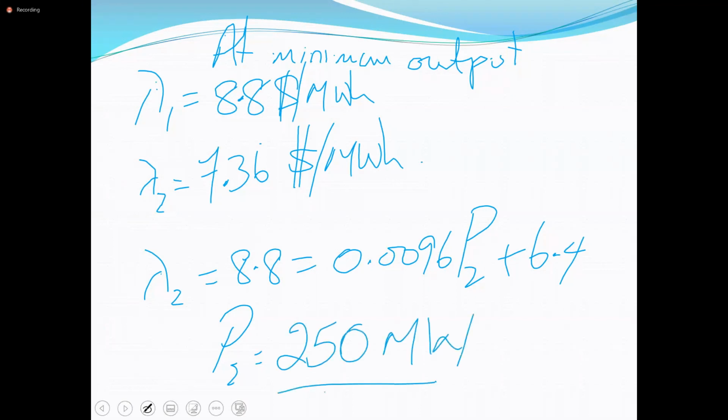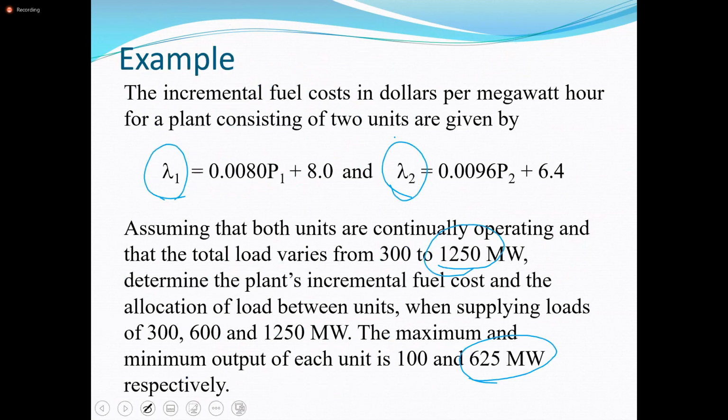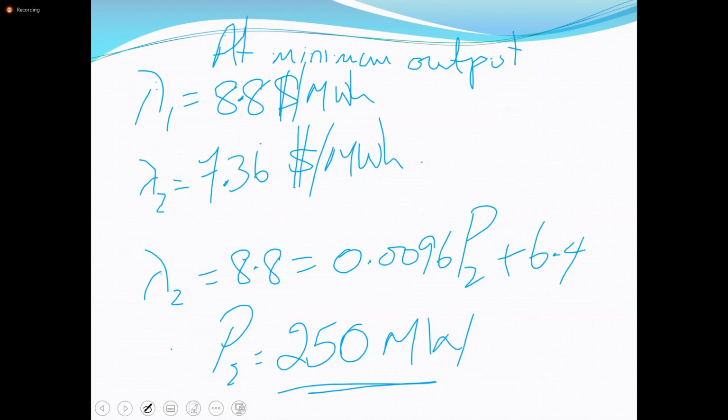250 megawatts. Yes, sir. Okay, thank you. Now, the question asked us to determine the plant's incremental fuel cost and the allocation of loads when we are supplying 300 megawatts. All right, so, Ms. Michael, back at you. Yes, sir.